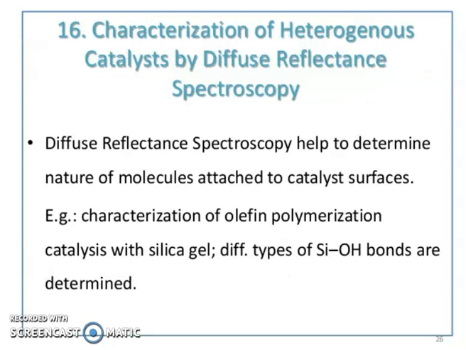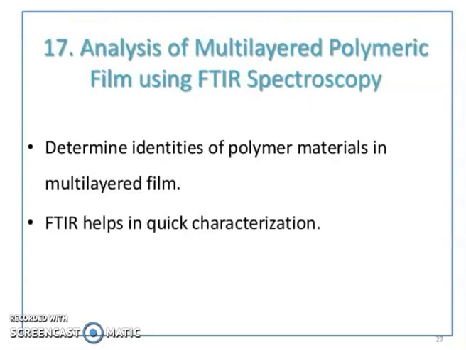Characterization of heterogeneous catalyst by diffuse reflectance spectroscopy. Diffuse reflectance spectroscopy helps to determine the nature of molecules attached to the catalyst surface. Characterization of olefin polymerization catalysis with silica gel: different types of silicon OH bonds are determined.